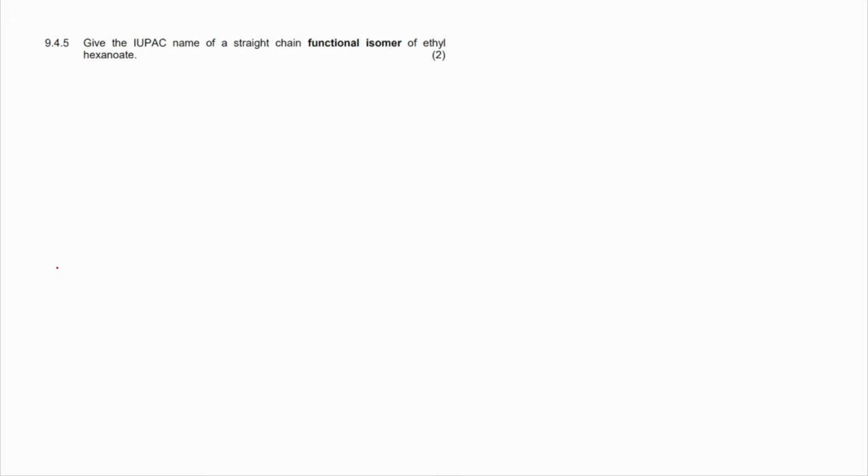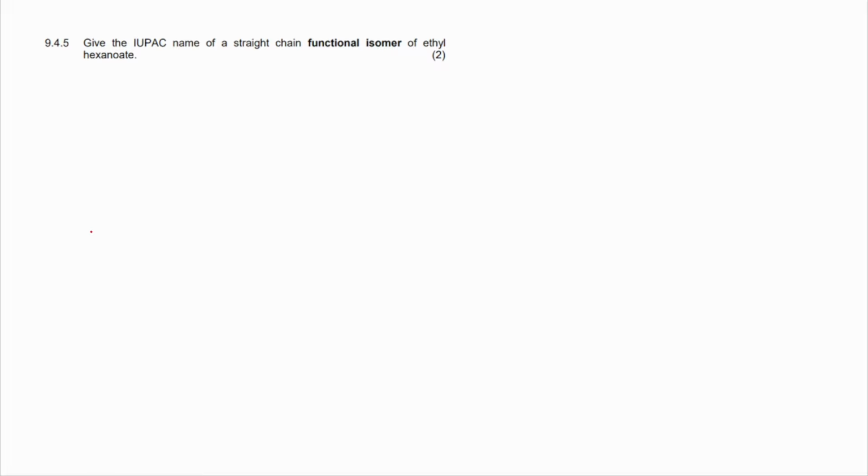All right. Now 9.4.5. Last question for the exam for 200 marks in total. Give the IUPAC name of the straight chain functional isomer of ethyl hexanoate. A functional isomer has the same molecular formula, but a different functional group. All right, so we should know from the series that esters are functional isomers of carboxylic acids. Let me say that again.